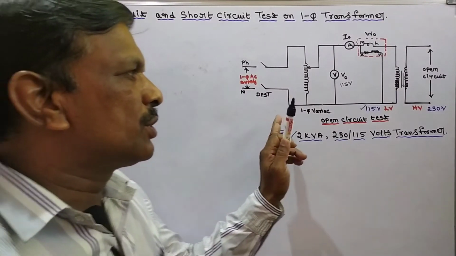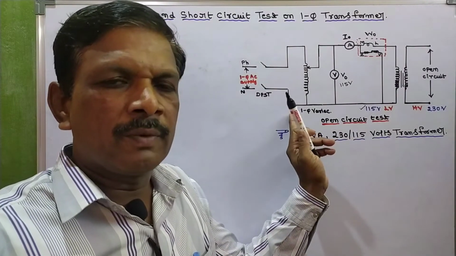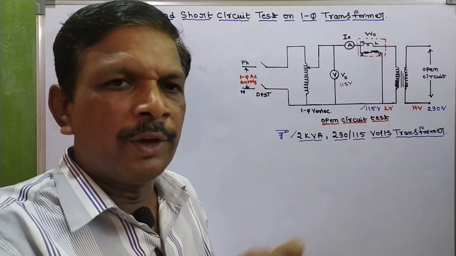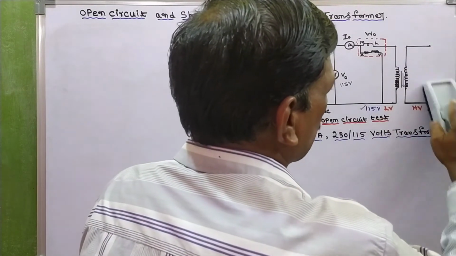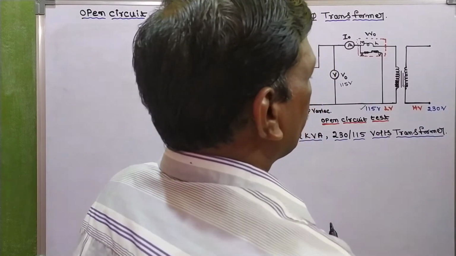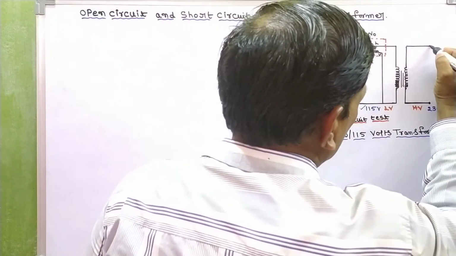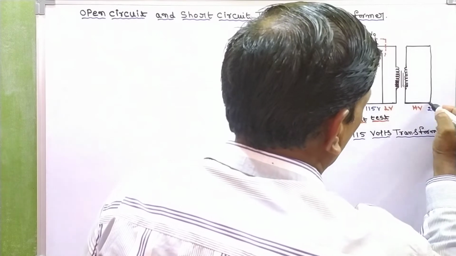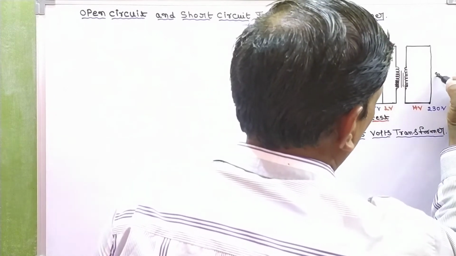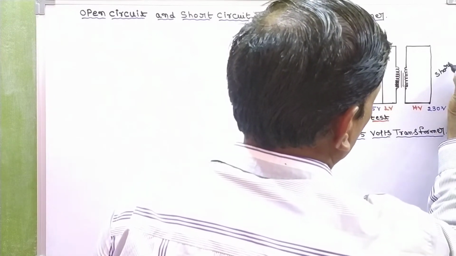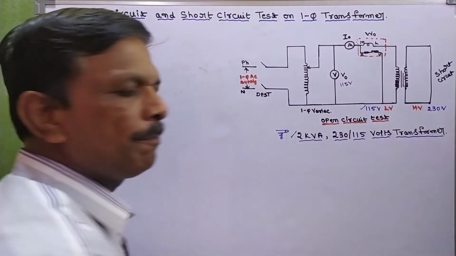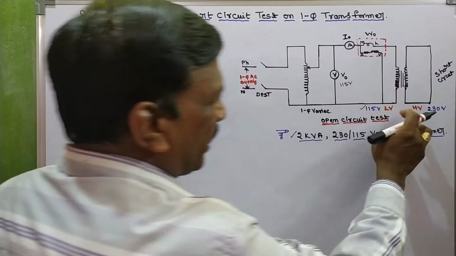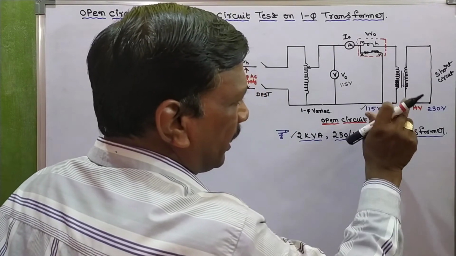Okay, so now coming to SC test, short circuit test. I will change this open circuit test by small variations. This is the short circuit test, so we are going to short with copper wire. And HV and LV are interchanged.